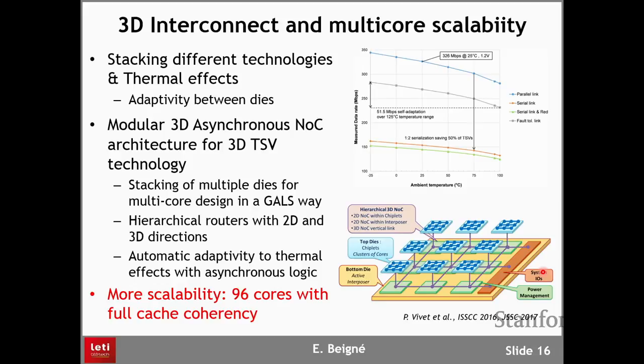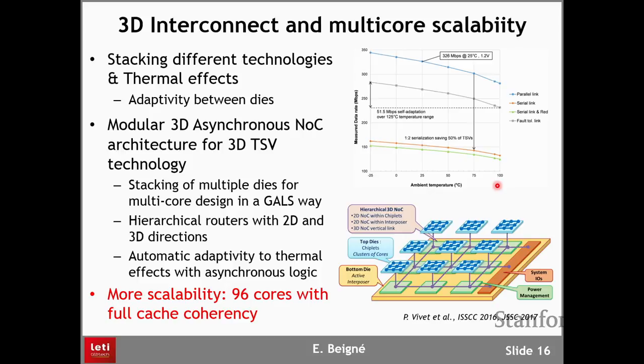Under fabrication now, we have even 96 cores that are fabricated and stacked on top of them. Something interesting is this curve here. What we've shown here is we have different links in the network on chip. We have tried different links with redundancy, with tests, no tests, and so on. But what is more interesting is that we changed the temperature from the top tier to the bottom tier.